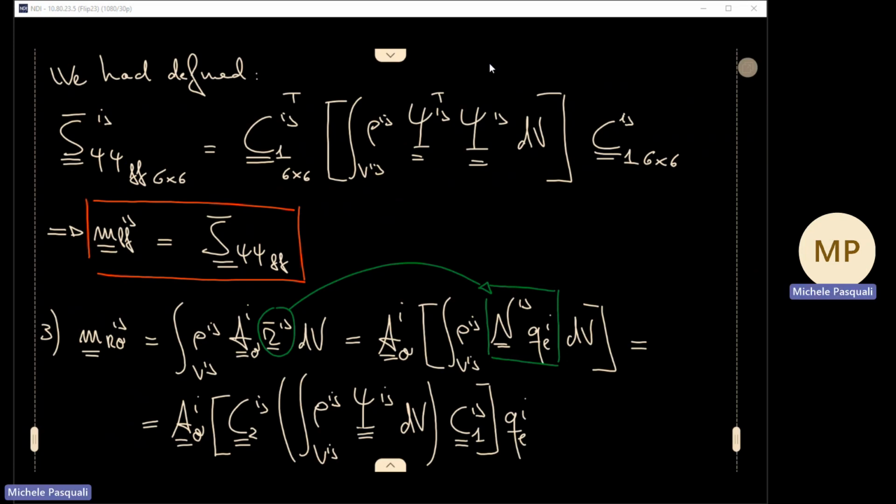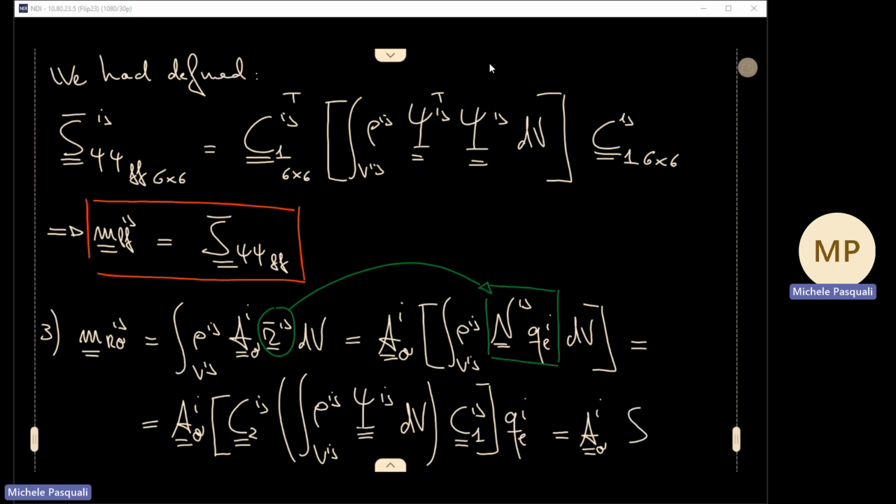Now, again, if you go and check, we had already estimated the quantity between square brackets. So that we can call it A theta I that we have already estimated.